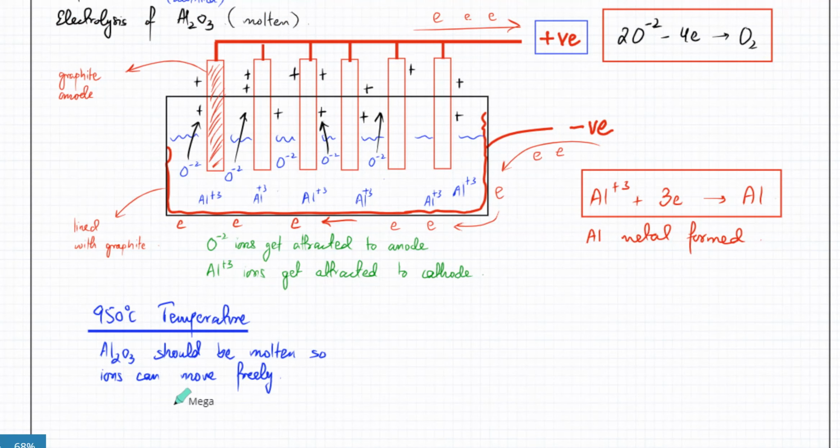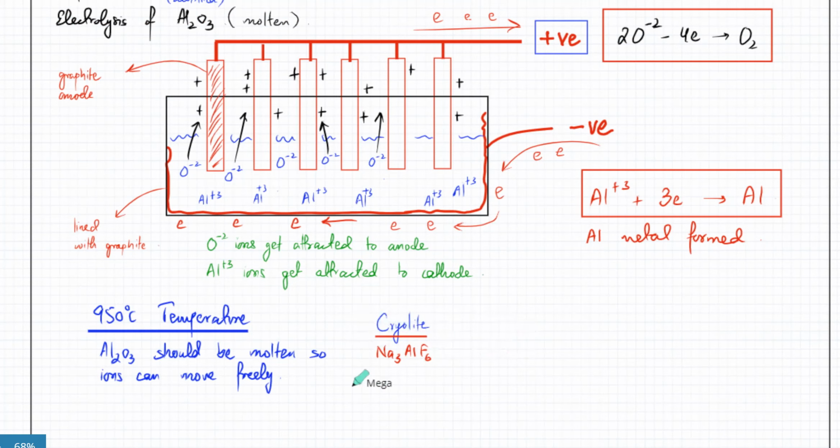And another substance that's added into this mixture is cryolite. Now, cryolite is a very important substance. Cryolite is a substance called Na3AlF6. This substance is added so that the melting point can be decreased, because aluminum oxide melts at a very high temperature.